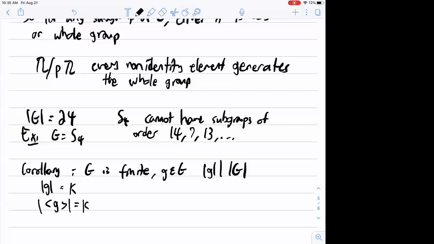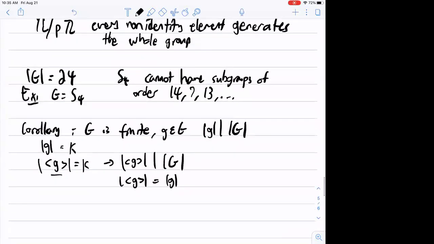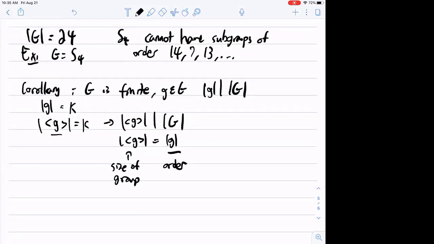Recall the subgroup generated by the element is all powers of it. So by Lagrange, the subgroup generated by g must divide the order of G, but this thing is equal to the order of g. When I put absolute value it means size of the group, but here it means order. Is everyone clear on why the group generated by g has size equal to the order of g?